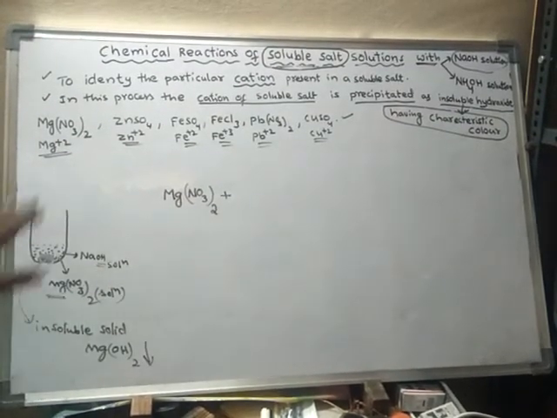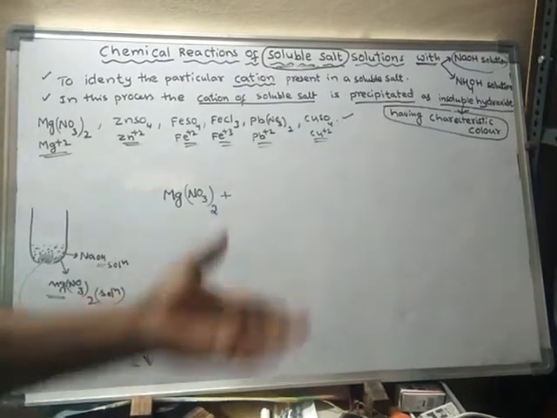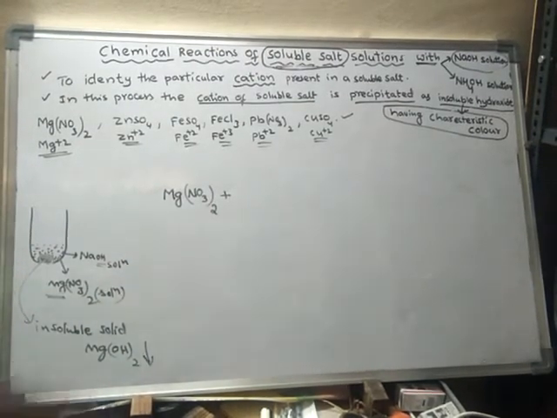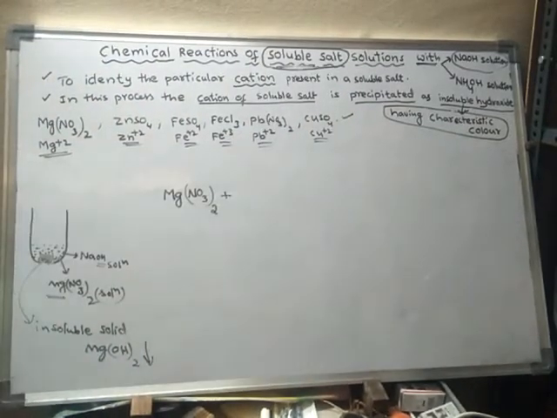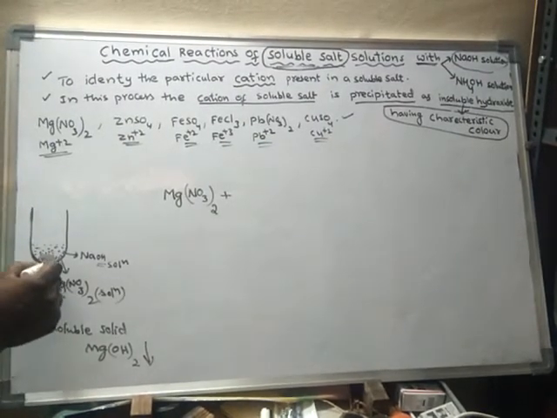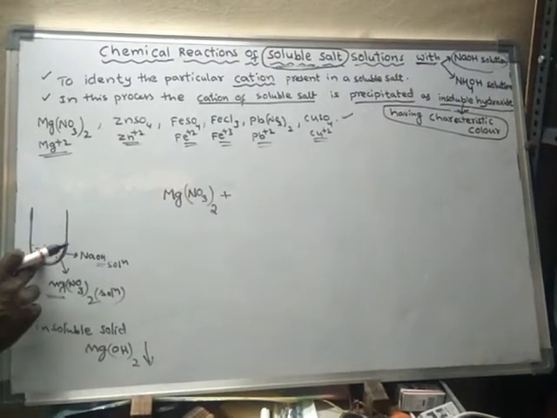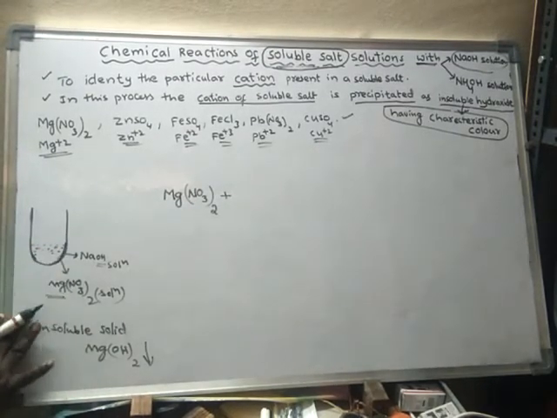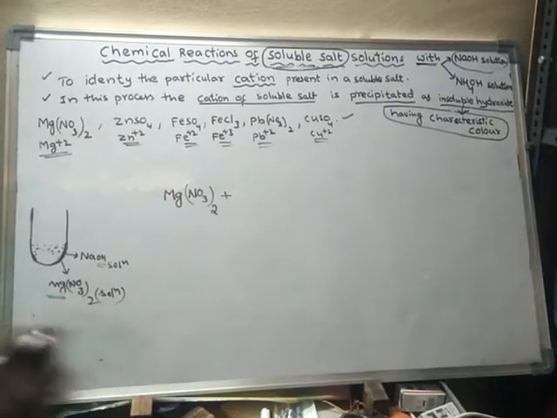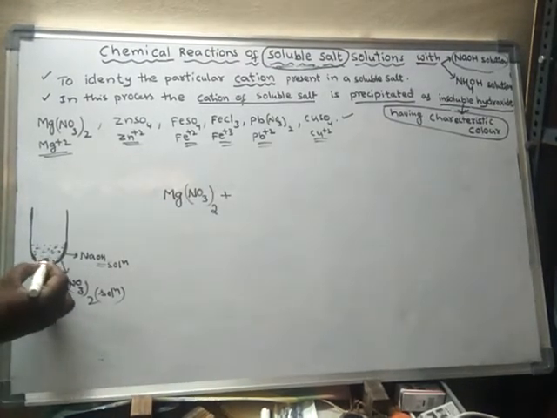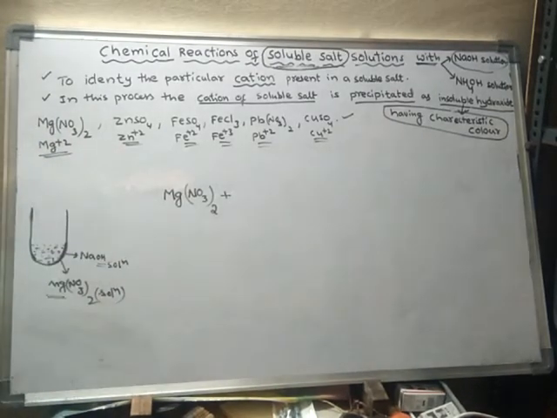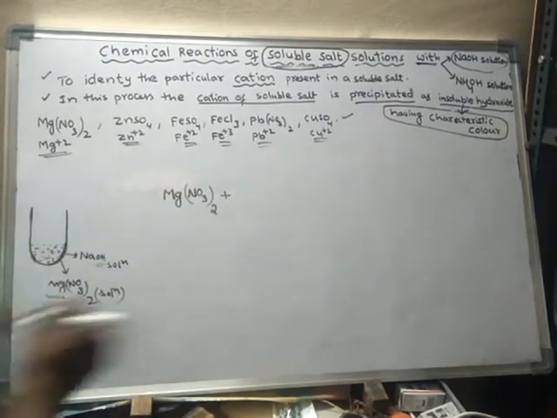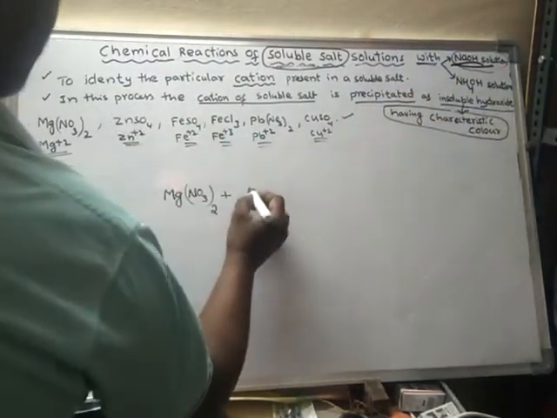Now we will learn how to identify the given ion based on the color formed. Let us do some experiment. Take the magnesium nitrate salt, and it is mixed with sodium hydroxide solution, NaOH.